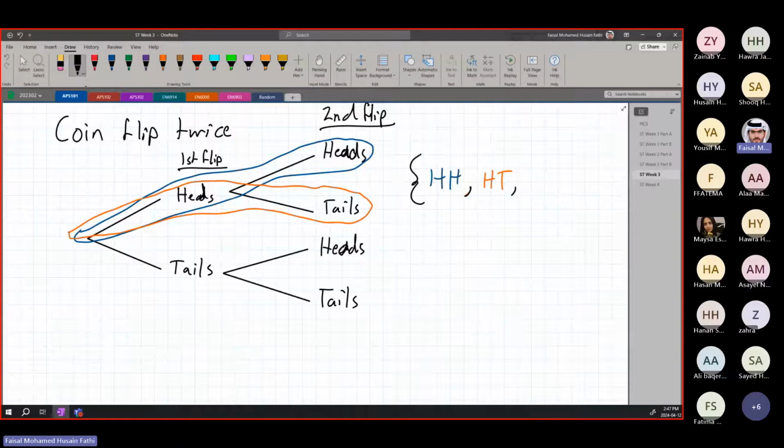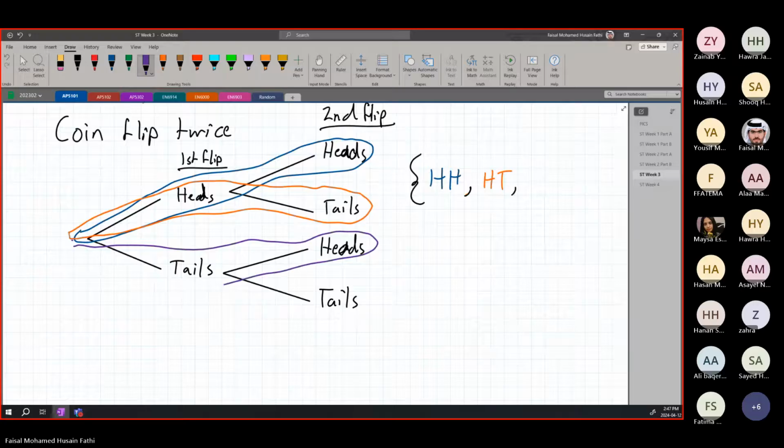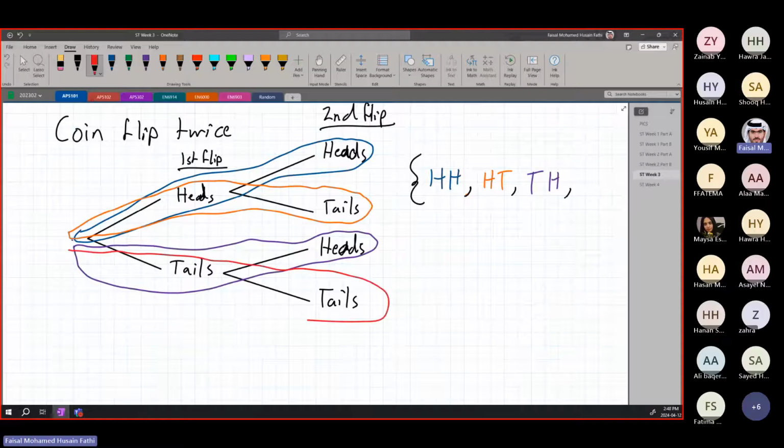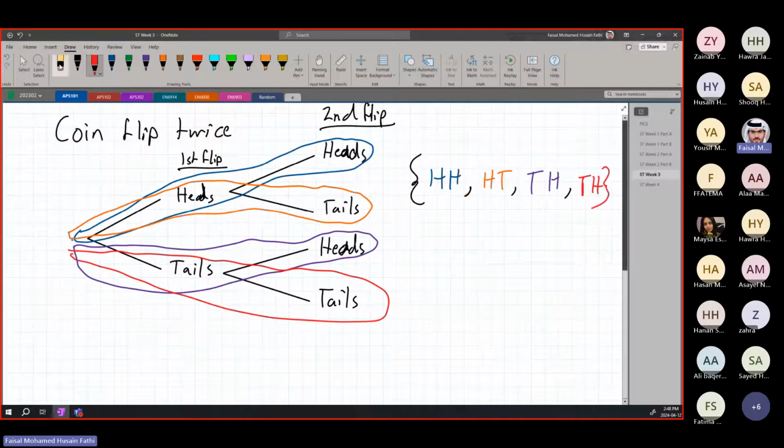The third option is tails and heads. And the last option is tails and tails. These are the total sample space that we have. We have a total of 4 possible options that can be the result of this.